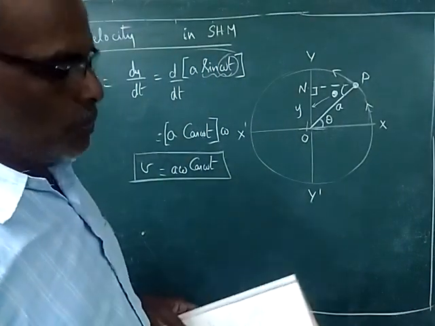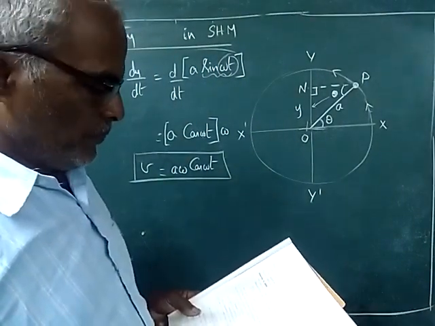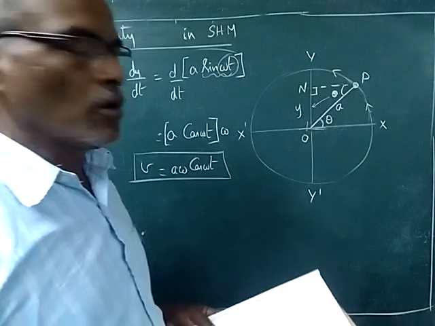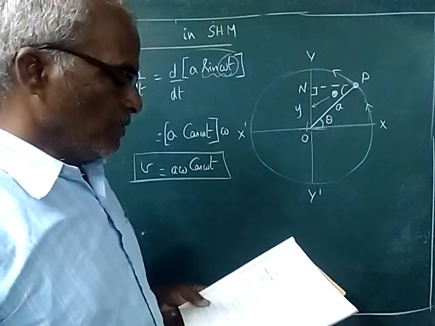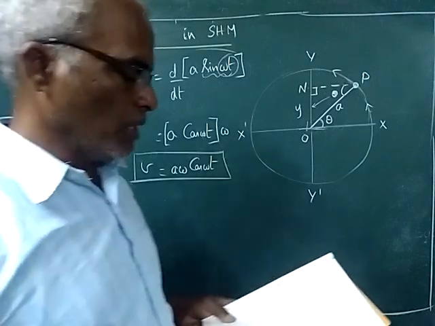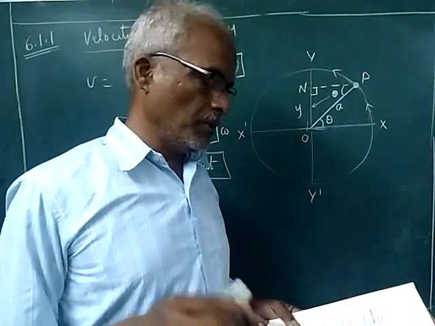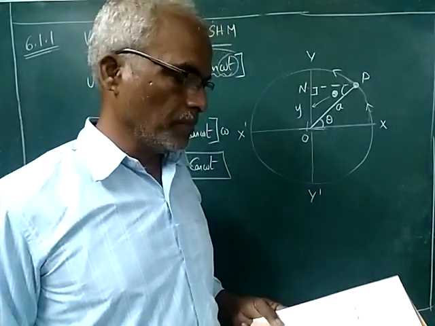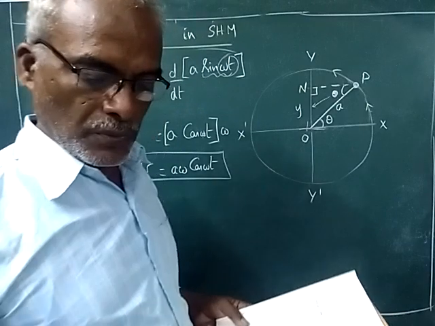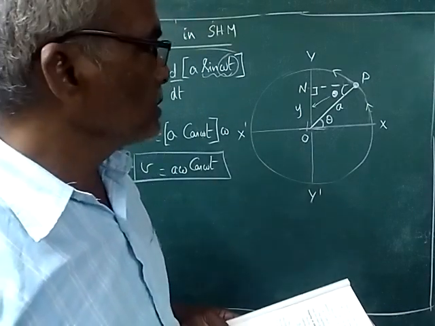We can do it in another way also, that is resolving into components. The velocity v of the particle moving along the circle can also be obtained by resolving into two components. So we will see the two components.